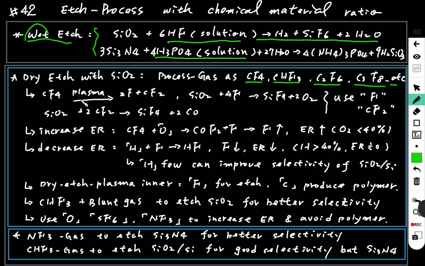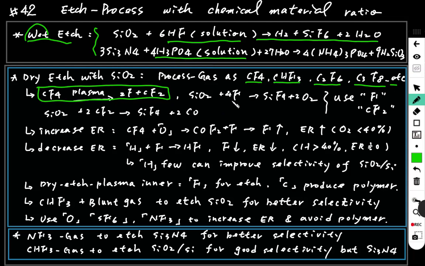The CF4 ionizes by plasma energy to become two parts, F and CF.